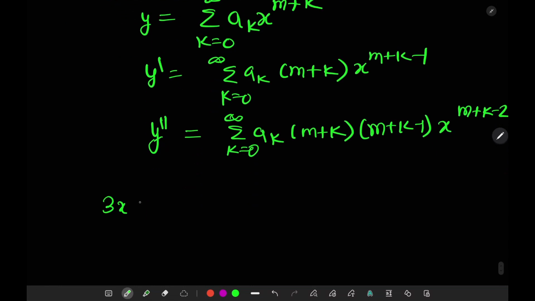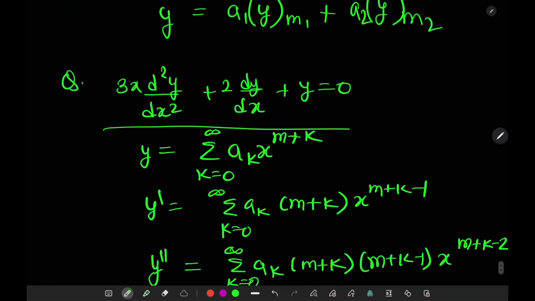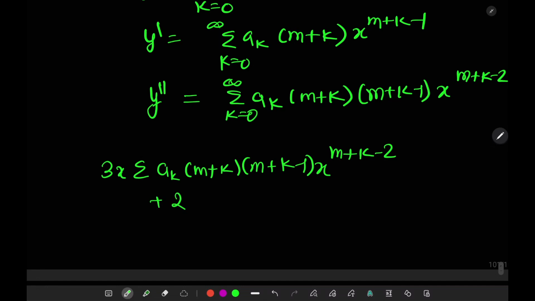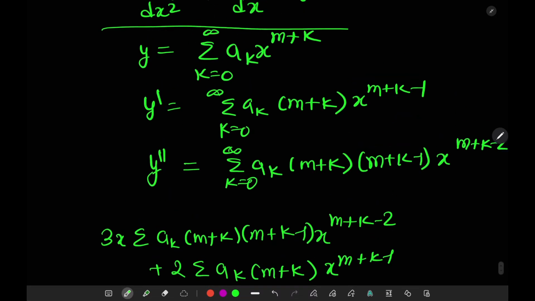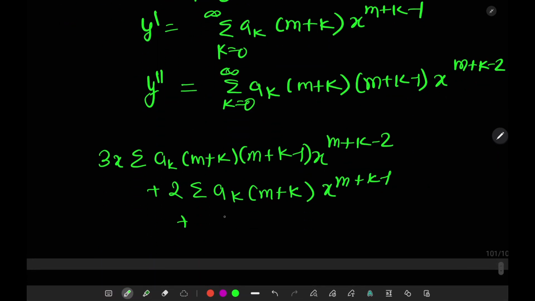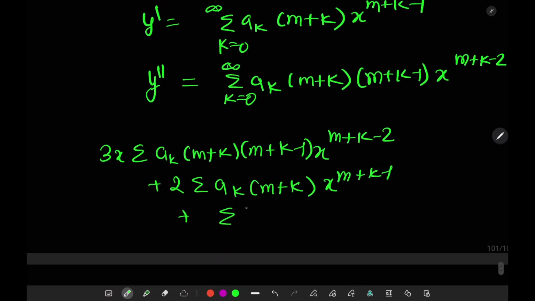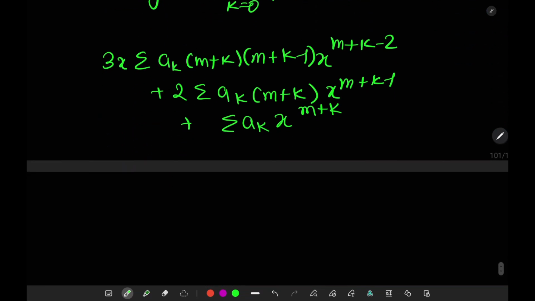We get 3x summation a k into m plus k into m plus k minus 1 x raised to power m plus k minus 2 plus 2 into y dash, x raised to power m plus k minus 1, plus y equal to 0.